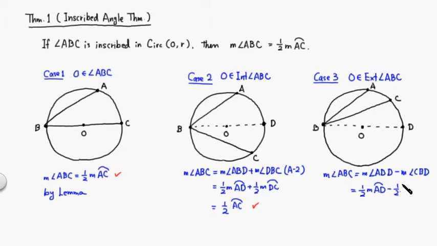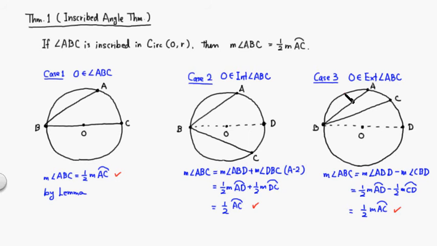Subtract 1/2 of the measure of the arc CD, right? But with the 1/2 pulled out, the measure of arc AD minus the measure of the arc CD would be the measure of the arc AC, right? So therefore, this is exactly what we wanted to get, right?